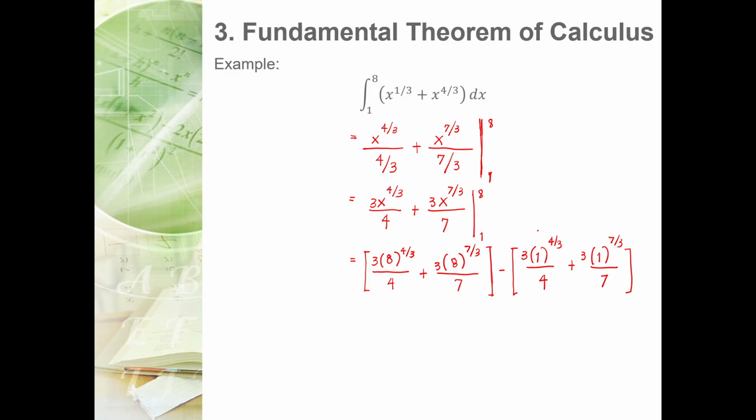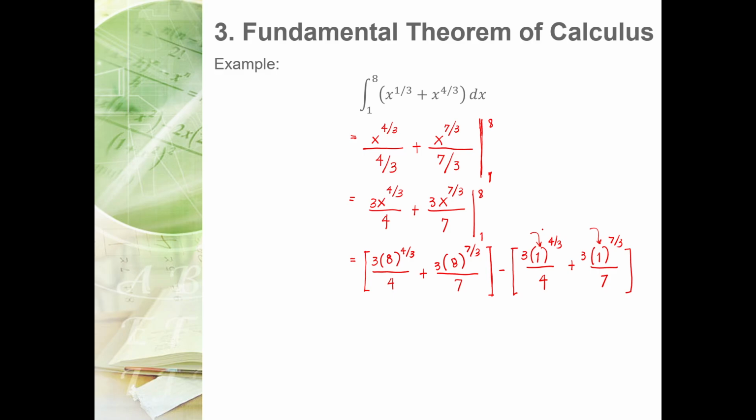So notice on the right side, it's super simple since this one is 1. We can get 3/4 immediately and 3 over 7 because the cube root of 1 is still 1.